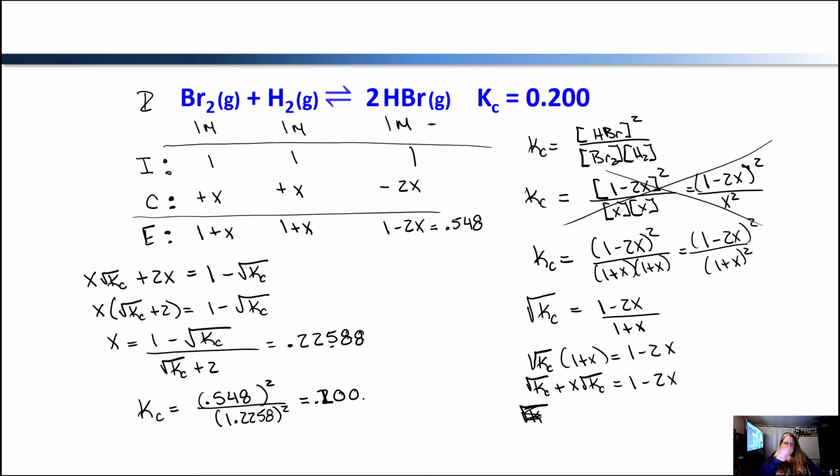So keep that in mind. We use our Q, figure out which direction things are going to go, and then when we use our ice tables, we use that information to determine where the positive and negative signs go on our rice tables.